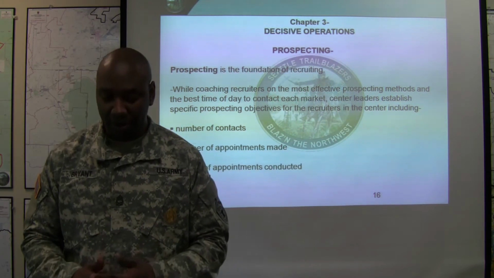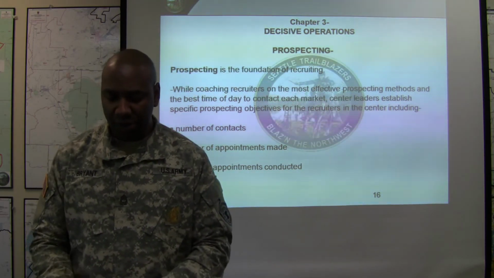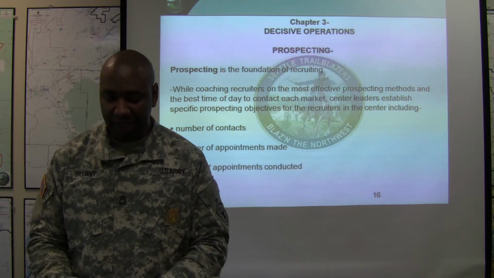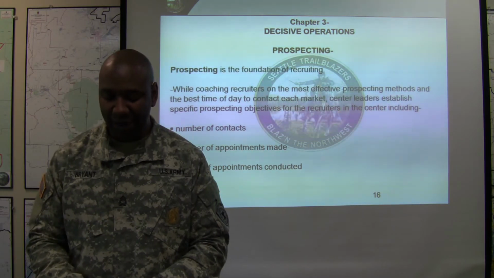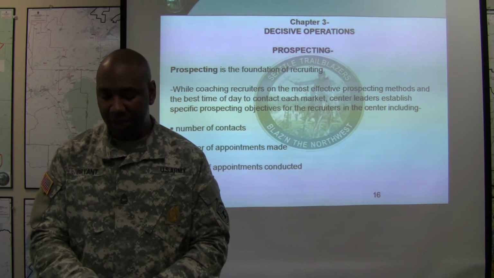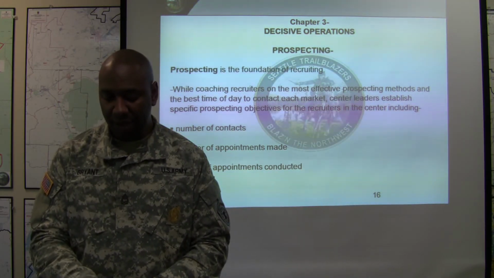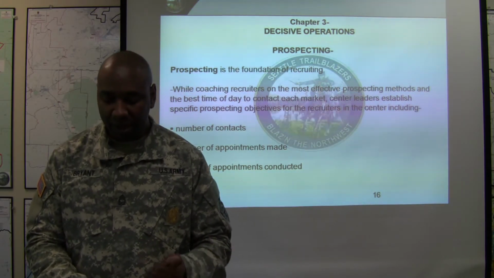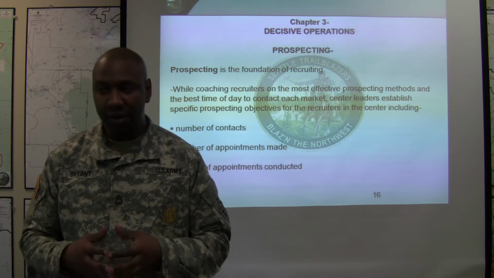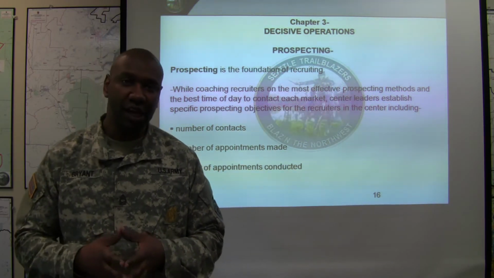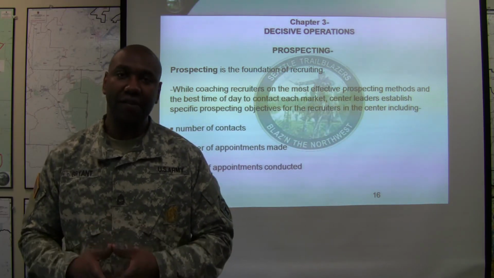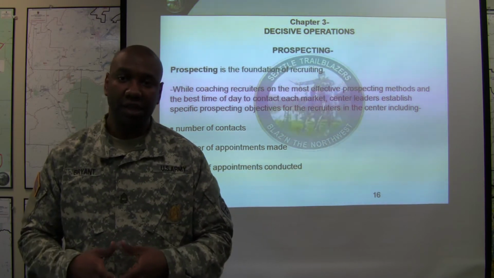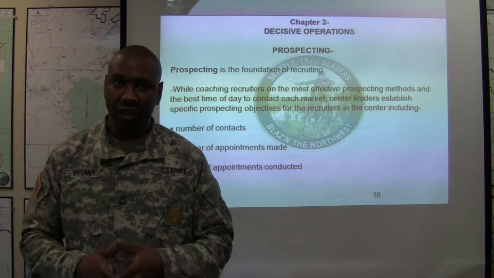Is that important? Okay, so while coaching the recruiters on the most effective prospecting methods and the best time of day to contact each market, center leaders establish specific prospecting objectives for the recruiters in the center, including number of contacts. Okay, the center leader basically should be looking at, okay, this is how many seniors I have in my footprint or in my targeted schools.